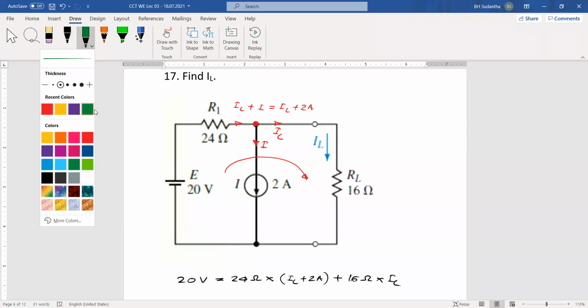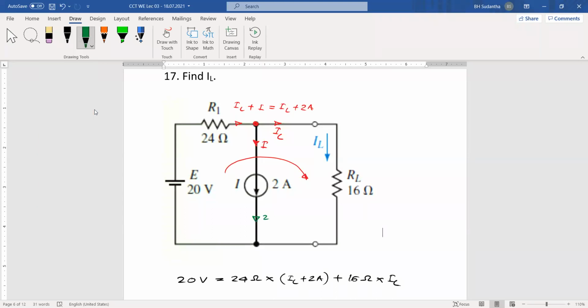Okay, if you mark the actual current values, in this direction we have 2 ampere, and in this direction we have 0.7 amperes, and because of that, this one is 1.3 amperes.